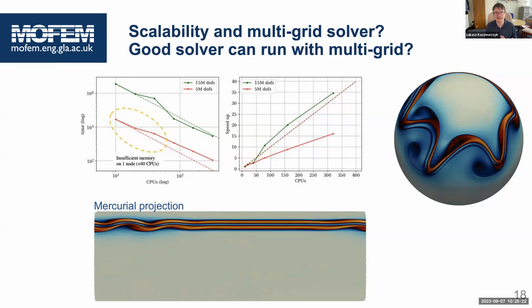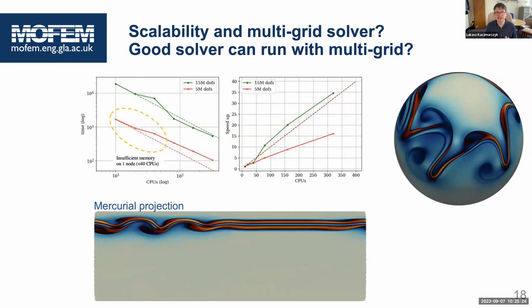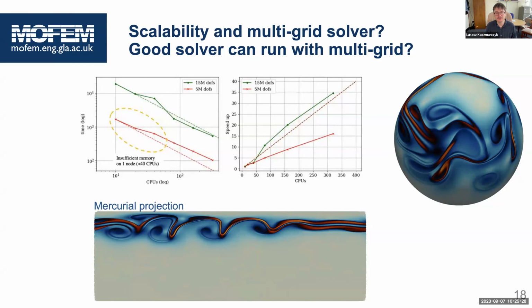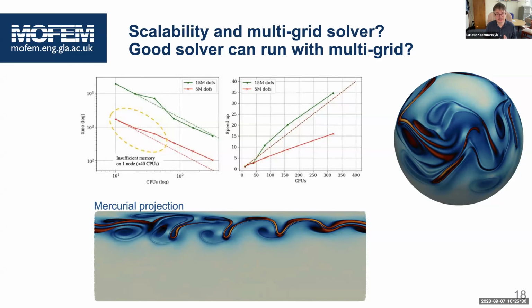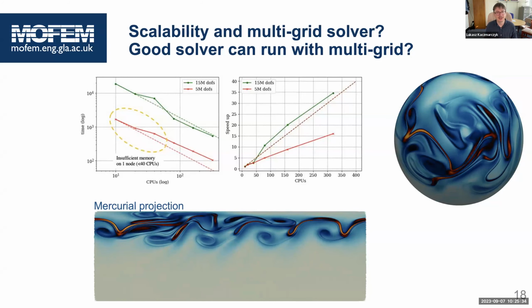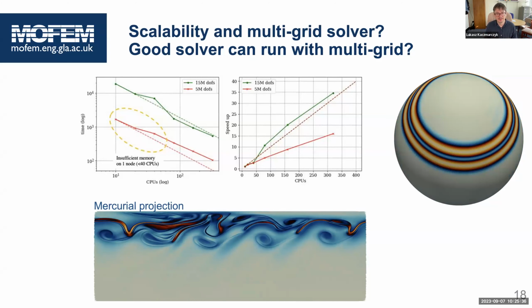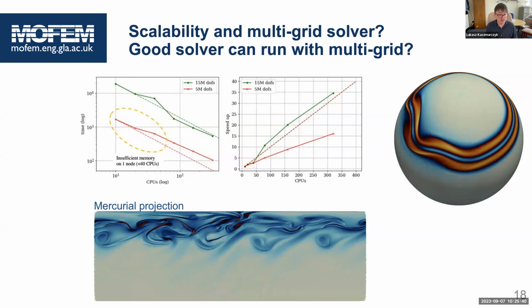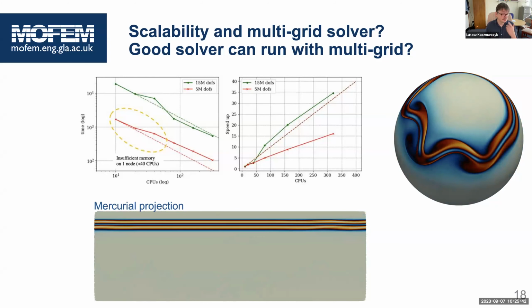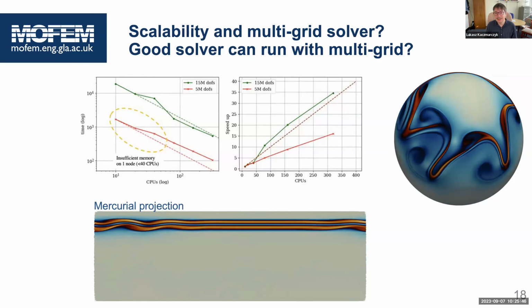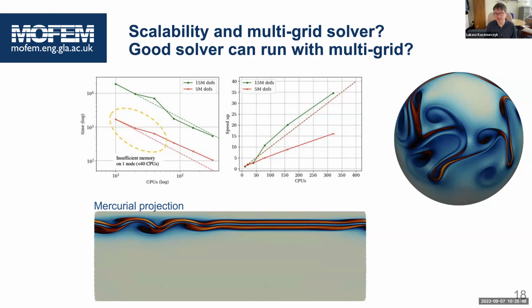Okay, but what I want to say is that ultimately when you construct any problem, whether it's solid mechanics or fluid mechanics, you want to construct it in such a way that you can solve it using a multigrid solver, because with the multigrid solver, you can get good scalability. But the multigrid solver only works when you have a certain type of matrix, and it will not work with saddle point problems.